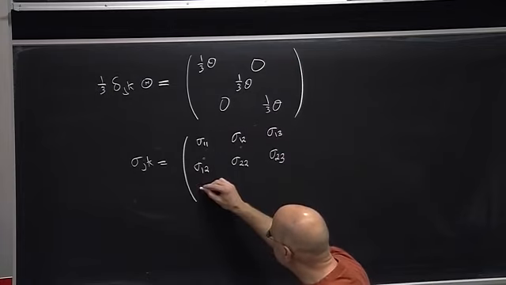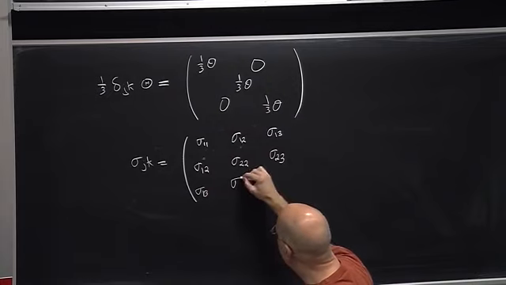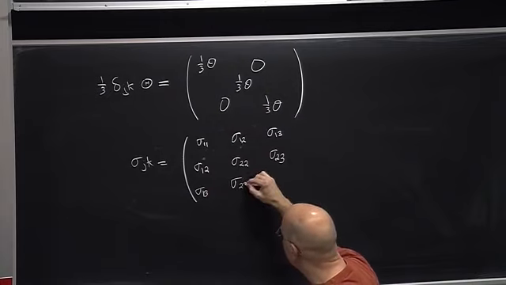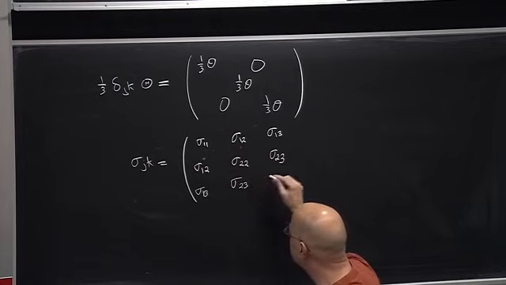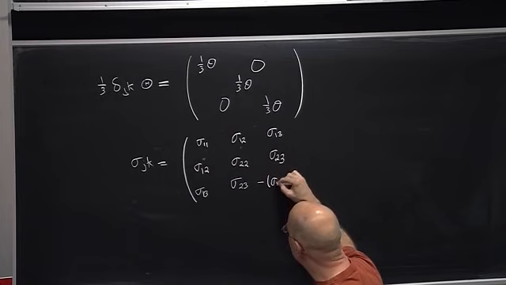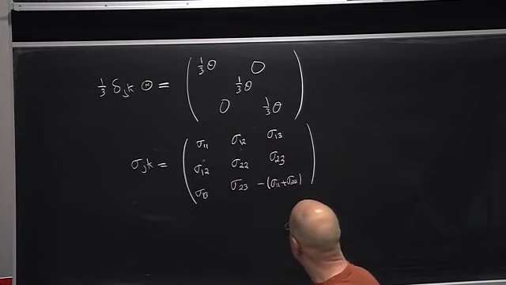This guy over here, sigma 3,1, has to be equal to sigma 1,3. This guy has to be equal to sigma 2,3. And the one that's left over here has to be such that the trace vanishes, so it has to be minus the sum of sigma 1,1 and sigma 2,2.